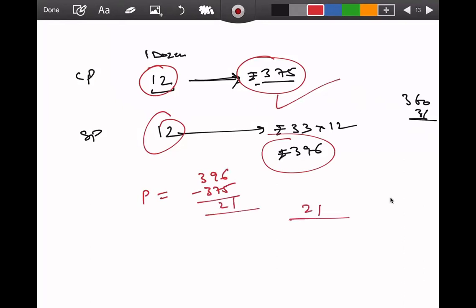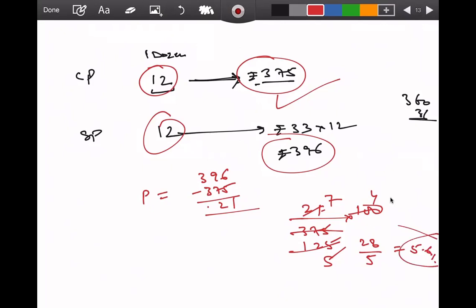What is the CP? 375. पूछा गया है profit percent. कितना है आंसर? 5.6. ठीक है, अगला.